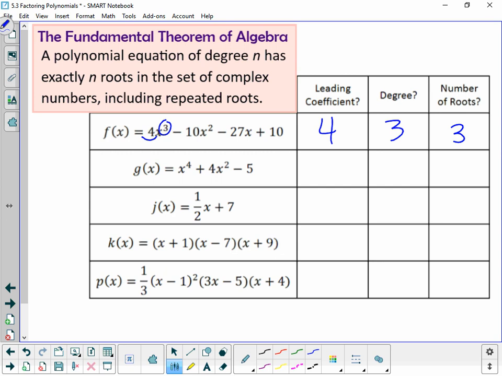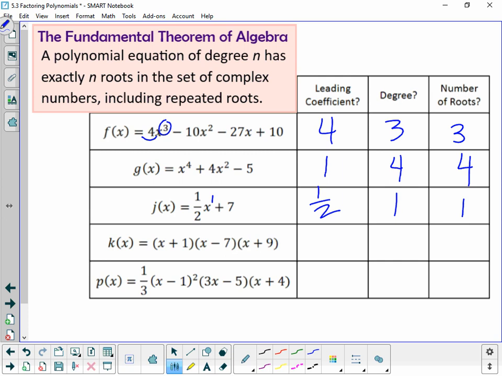This next polynomial, g of x, has a leading coefficient of 1, and it's a degree 4 polynomial, so it has 4 roots. J of x has a leading coefficient of 1/2, and that's just a power 1 function, so it only has 1 root.